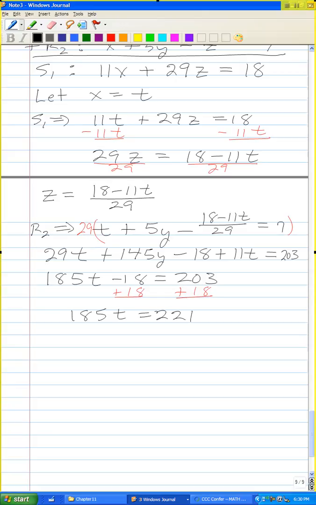Divide both sides of my equation by 185. Oops.